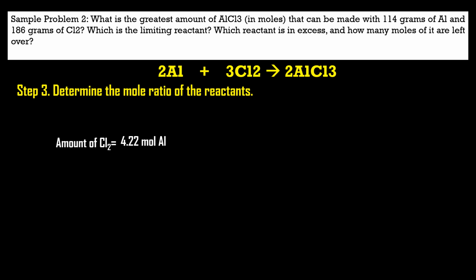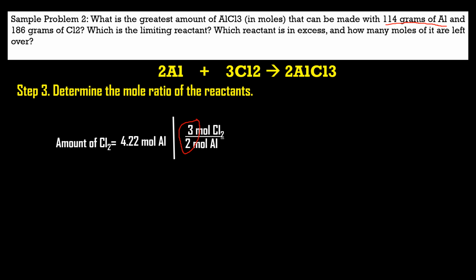4.22 moles aluminum, multiply it by 3 moles of Cl2 divided by 2 moles of aluminum. The 4.22 moles of aluminum is actually the converted grams of aluminum which can be located in step number 2 of this problem. How about the 3 moles of Cl2 and 2 moles of aluminum?